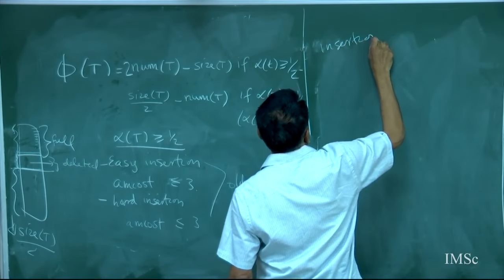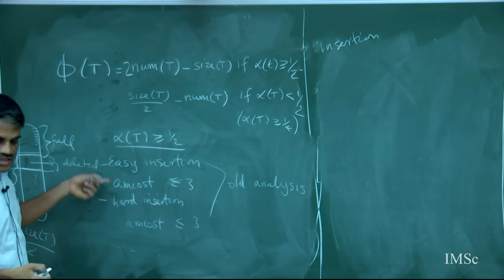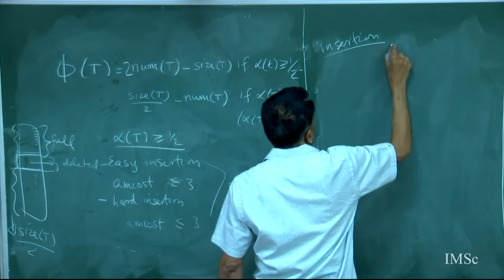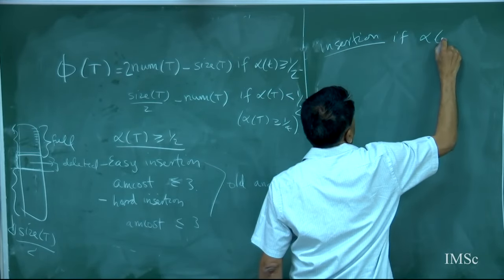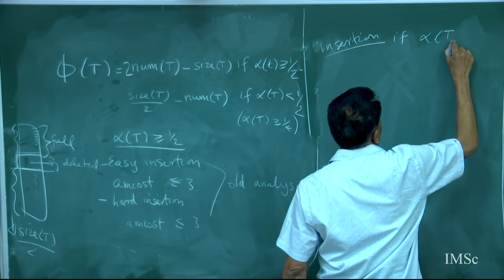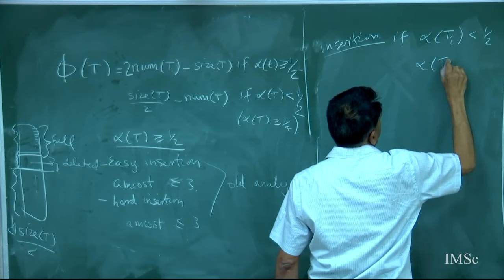Let's finish insertion first. So I did easy insertion and hard insertion assuming this. Let's do easy insertion and hard insertion if alpha t is less than half. I have to be careful here: alpha ti is less than half, and alpha ti minus 1 is less than half.